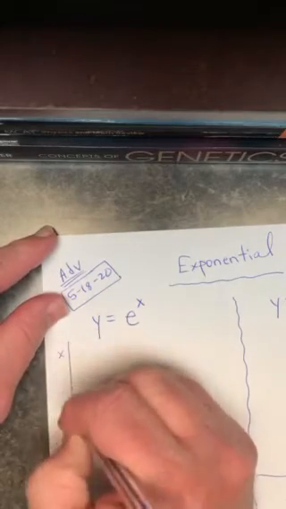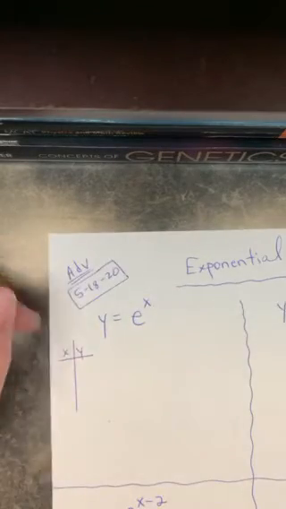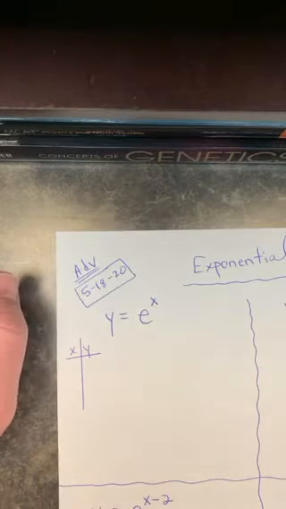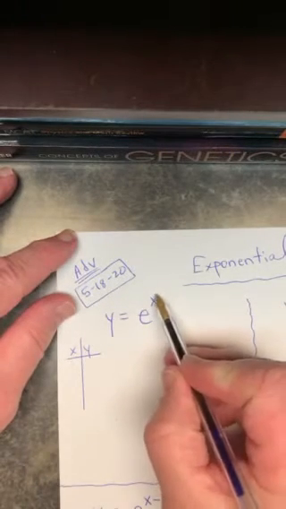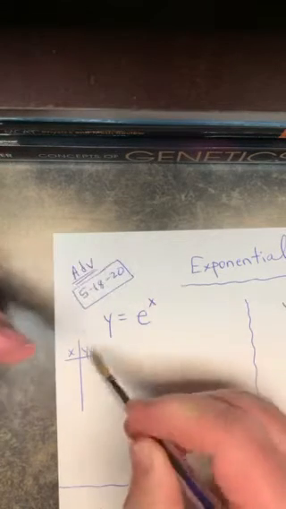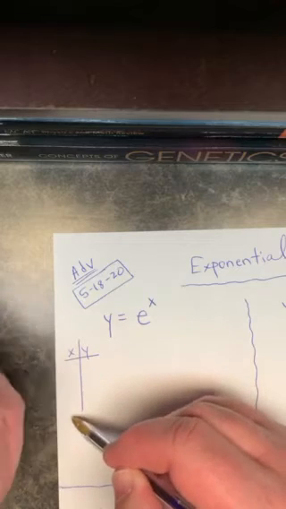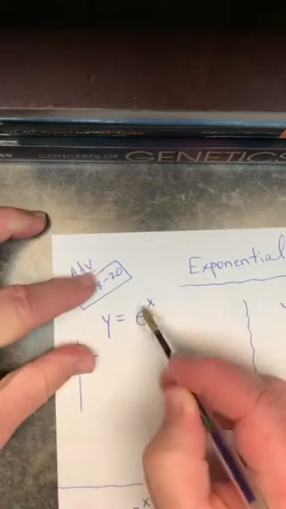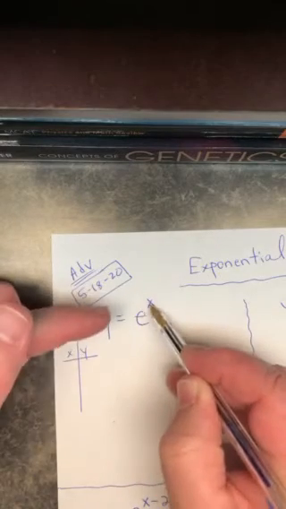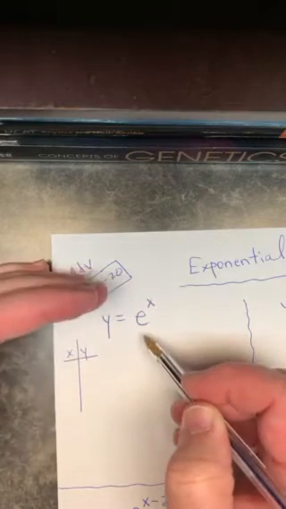So I am instinctively, again, going to create an XY table. And remember, when we did exponential functions, you wanted to plug in for the missing exponent the numbers -1, 0, and 1, right? You wanted a negative number, and then always 0, of course, because anything to the 0 power is 1, and that's a great starting point.